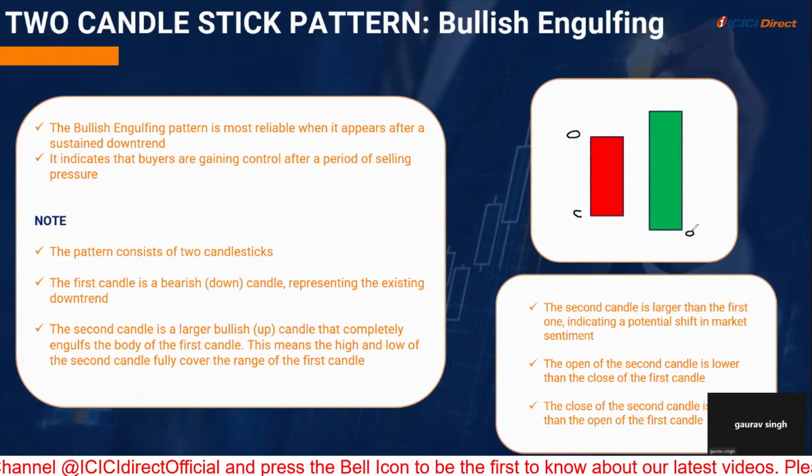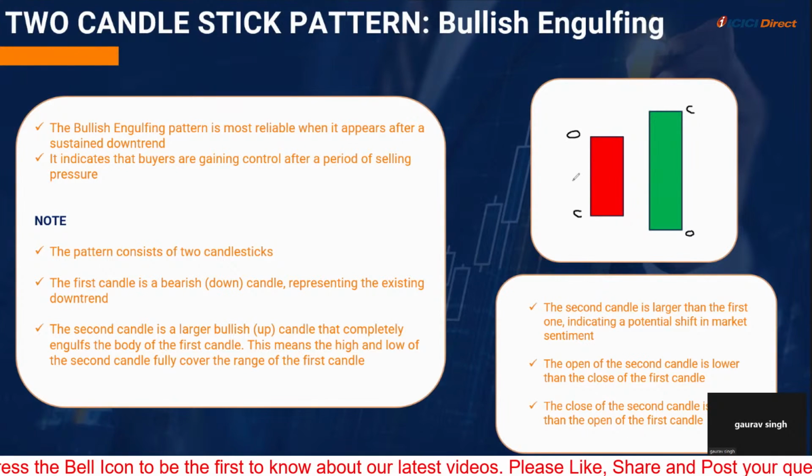For a green candle, this will be the open price and this will be the close price. So what do we say? That the open of the green candle should always be lower than the close of the red candle. Is the first condition clear? And the close of the green candle is higher than the open of the red candle.